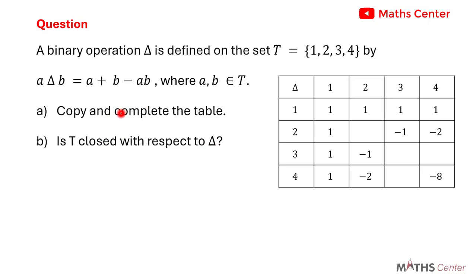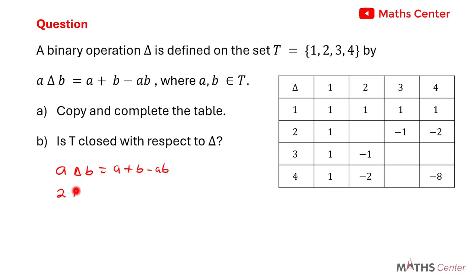Let's begin with the first part of the question, which says that we should copy and complete the table. So here, part of the table has been filled for us, and so we have to find the missing pieces. The first one is this, and we are going to get this by computing 2 delta 2. The definition of the binary operation is A delta B is equal to A plus B minus AB.